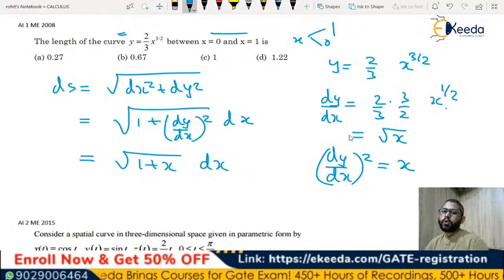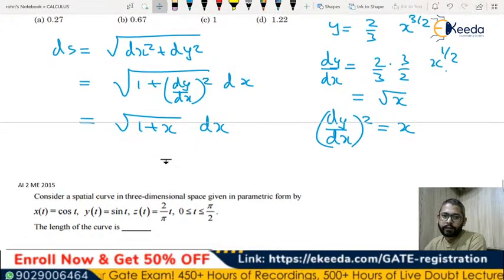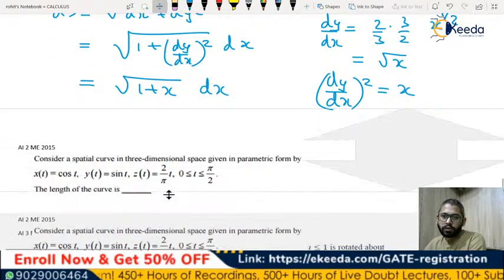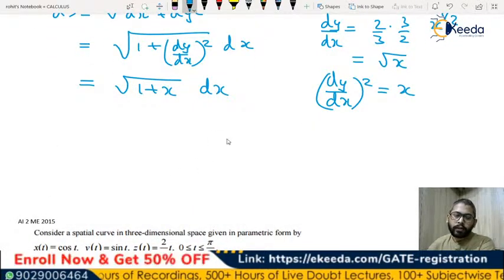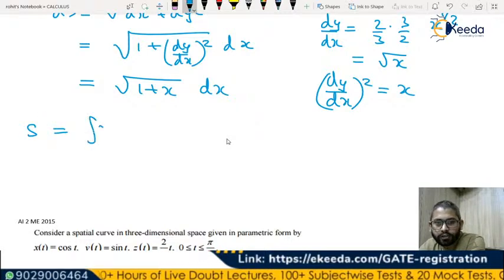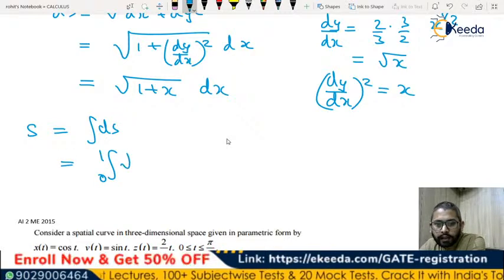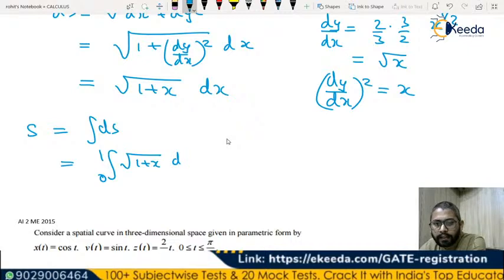So using this, we can find the length of the curve given by y equal to 2 by 3 x to the power of 3 by 2. The length, which I'm writing as s, is the integration of ds, which is nothing but the integration from 0 to 1 of under root of 1 plus x dx.